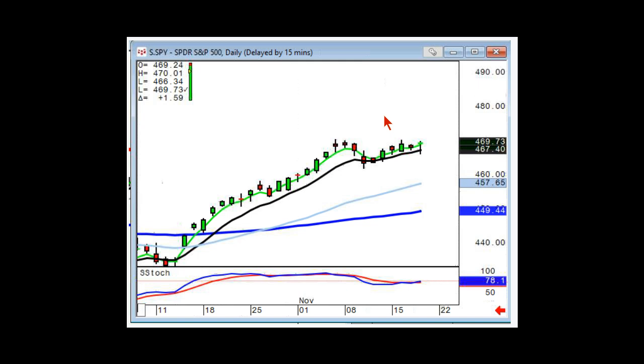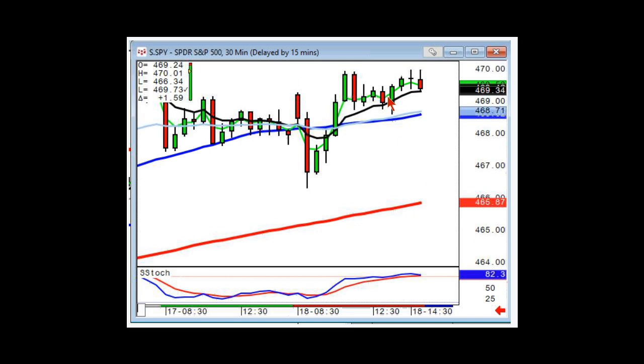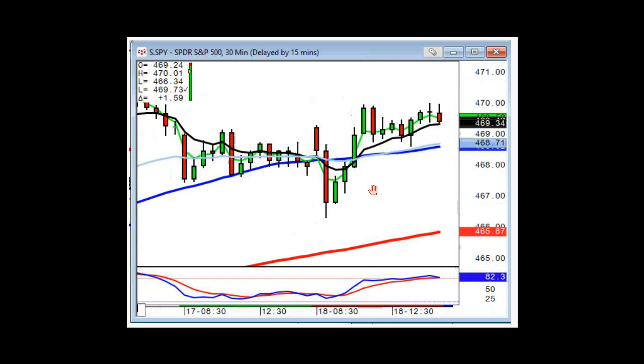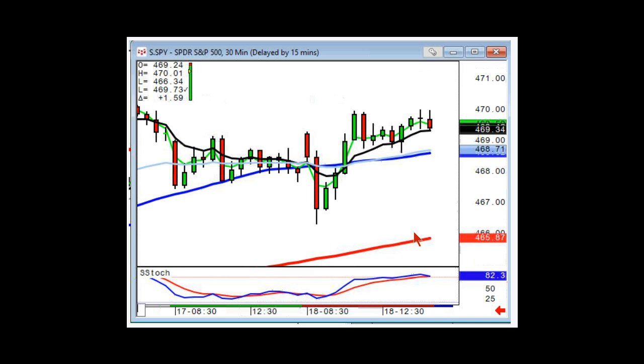I'm trying to understand the third bar and why it moved up. This one, the third bar. On the 30-minute, yes. Which one?